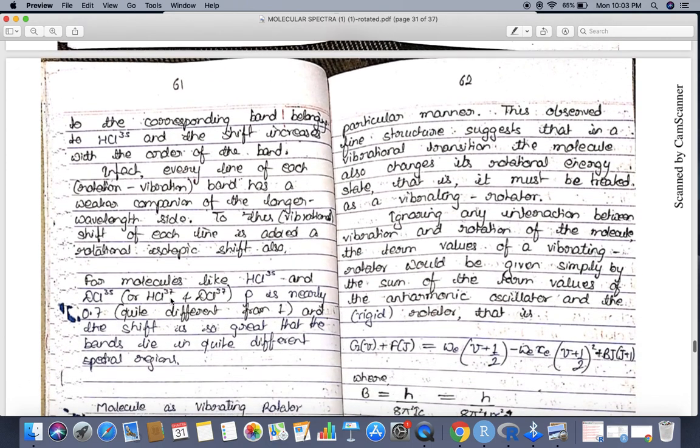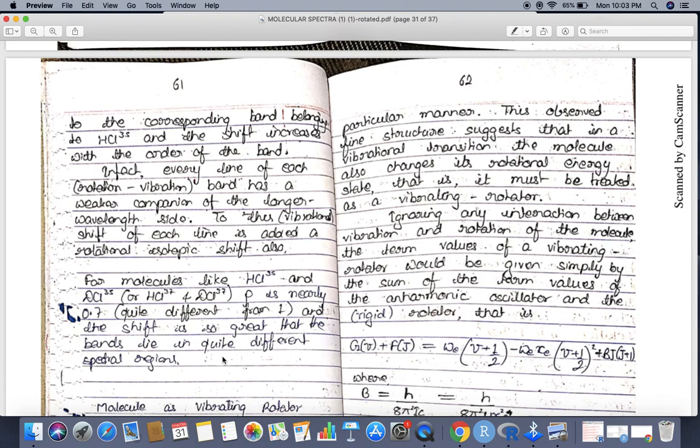For a molecule like HCl35 and DCl37, rho is nearly 0.7, quite different from one, and the shift is so great that the bands lie in quite different spectral regions.